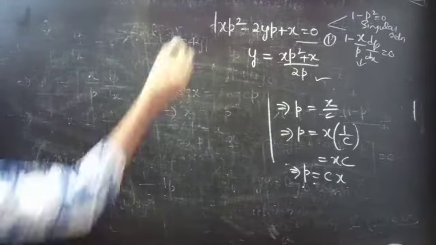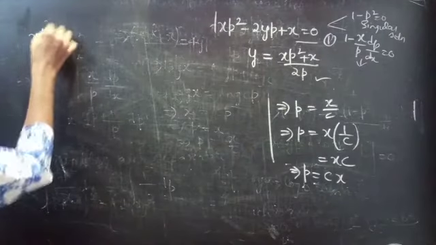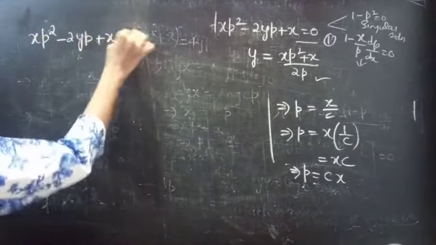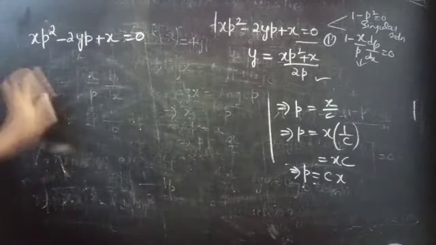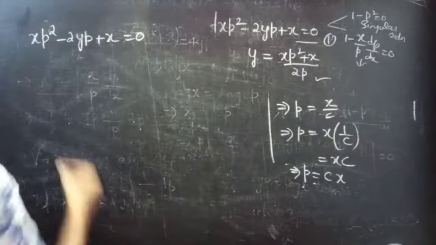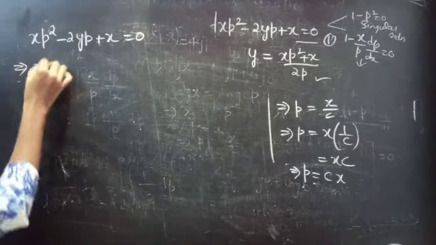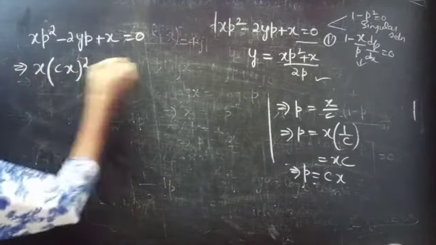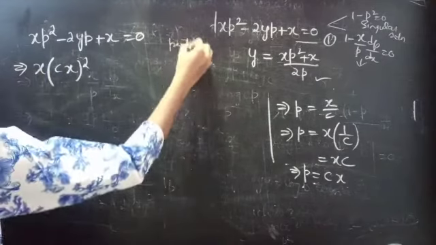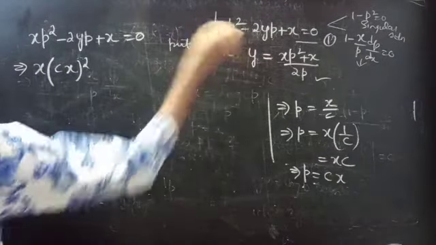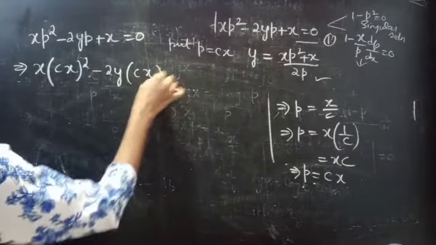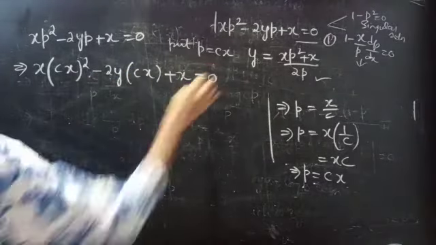So consider the given differential equation: xp square minus 2yp plus x equals 0. We replace p with cx: x into (cx) whole square minus 2y into cx plus x equals 0.